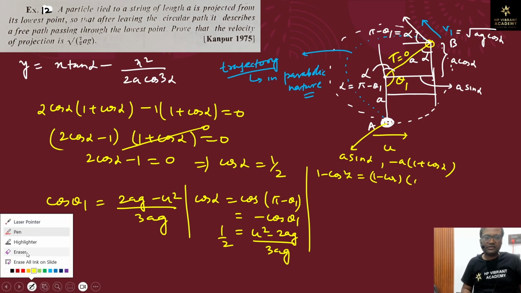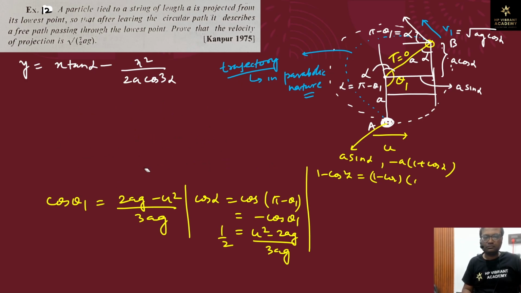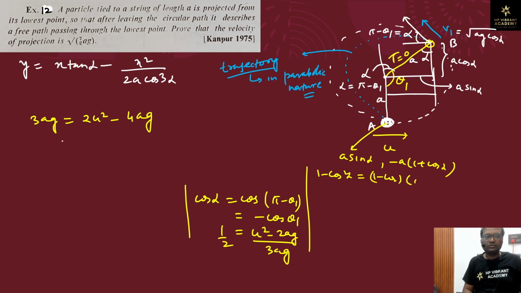Let us further simplify this. So we have 3ag is equal to 2u square minus 4ag. This gives 7ag is equal to 2u square.